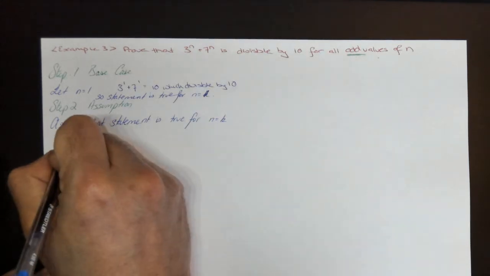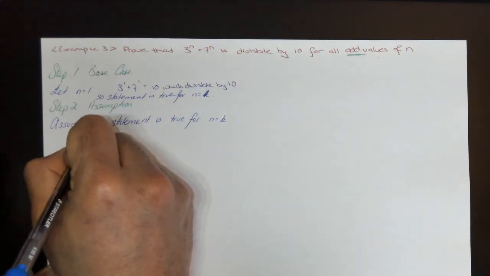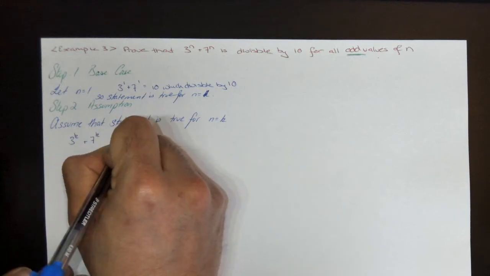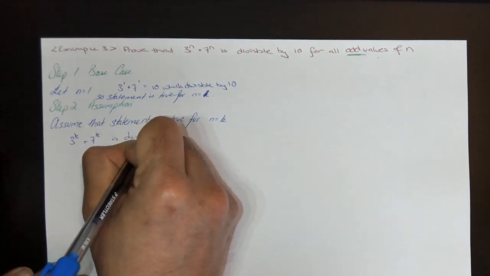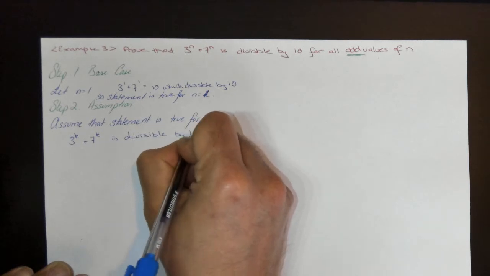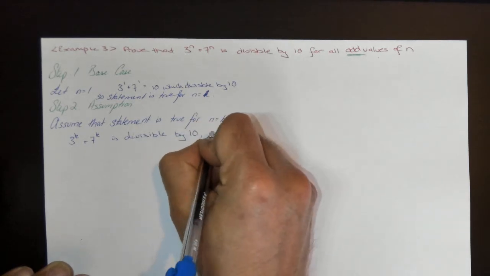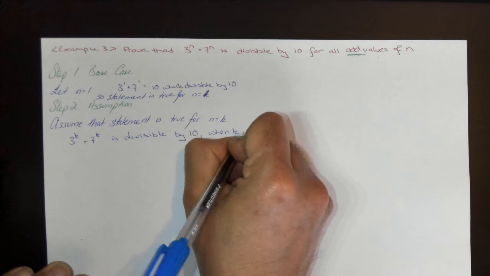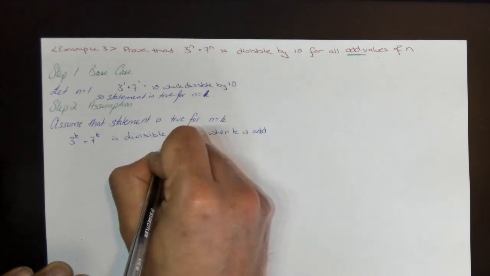So that means that we get 3^k plus 7^k is divisible by 10 when k is an odd number.